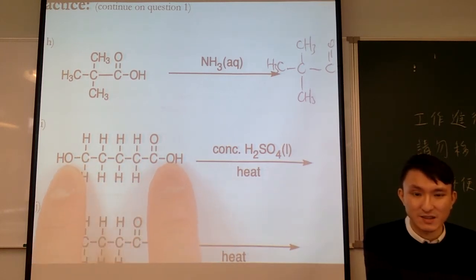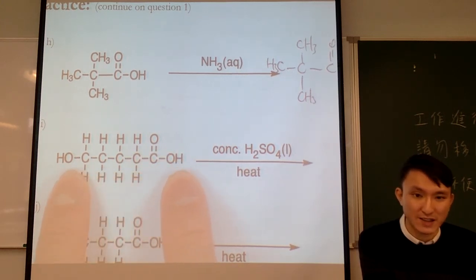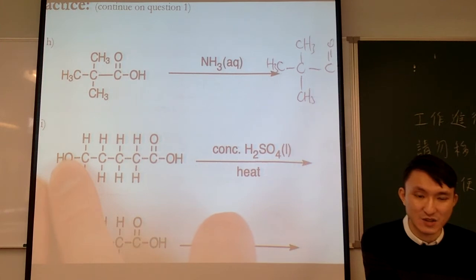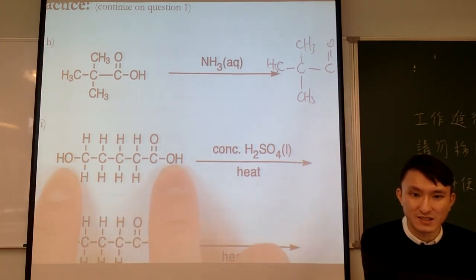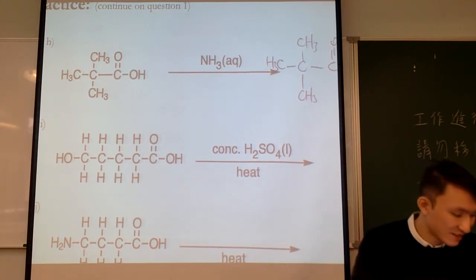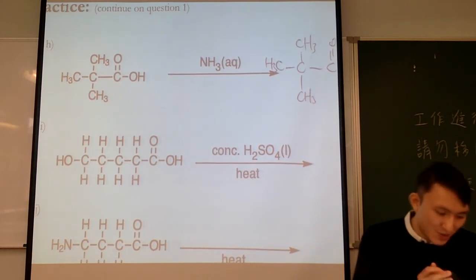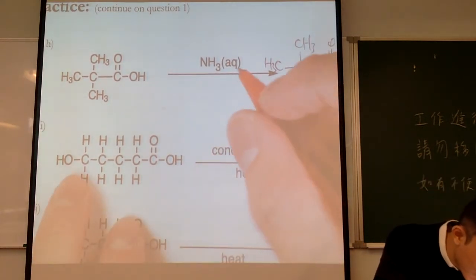So in fact, this molecule is quite long, right? 5 carbons, right? So in fact, we can have this hydroxyl group react with this carboxyl group to achieve the esterification. Okay? Now here, I'm trying to show you what is going on, okay?